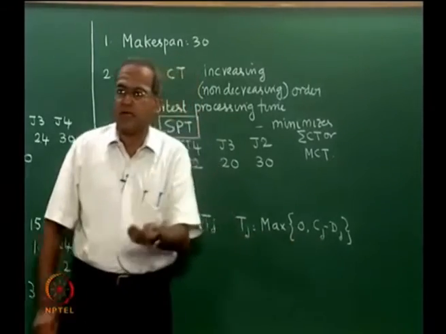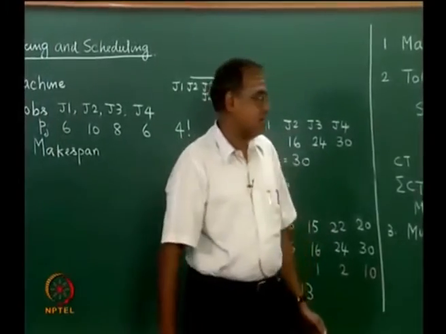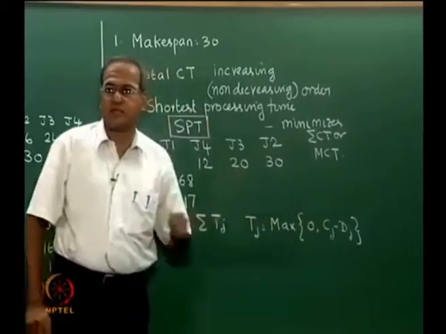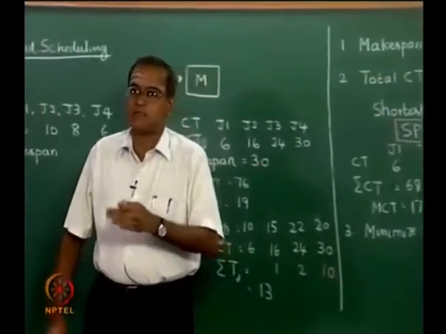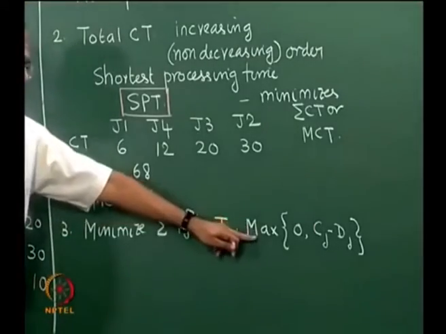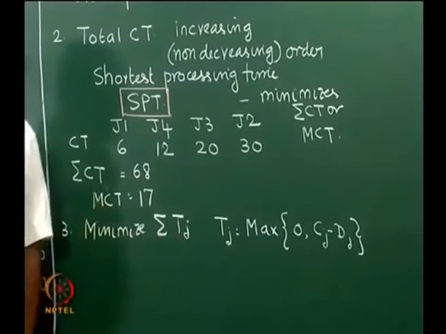So when the job is early, which means Cj is smaller than Dj, then Cj minus Dj becomes negative and the tardiness associated with job j becomes 0. So tardiness of job j is the maximum of 0 and Cj minus Dj, and total tardiness is given here.